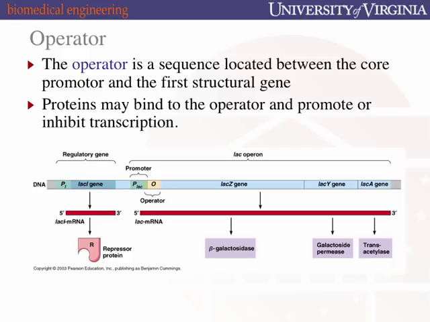Let's speak more about the operator. An operator sounds similar to operon, but it is distinct because now we're talking about a gene sequence, a gene element that's going to be close to the promoter, but before the first structural gene encoded.